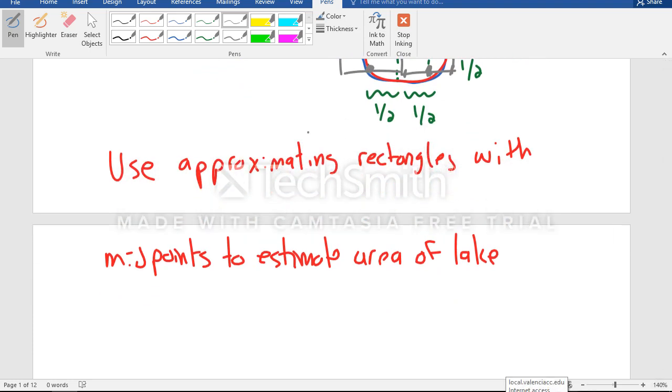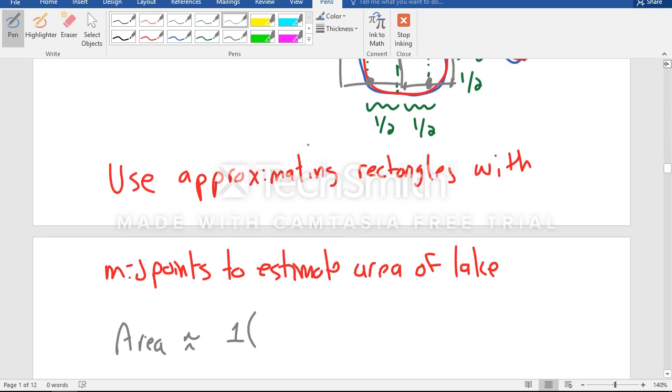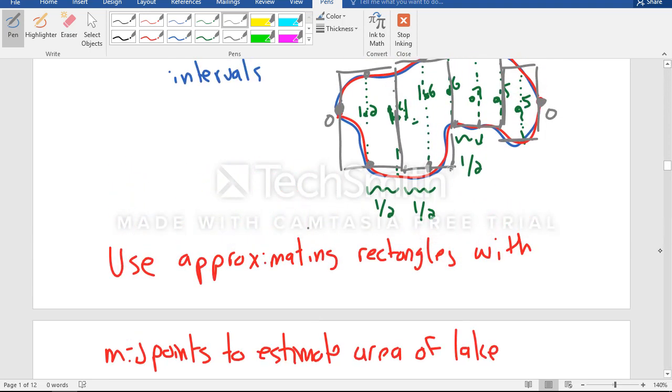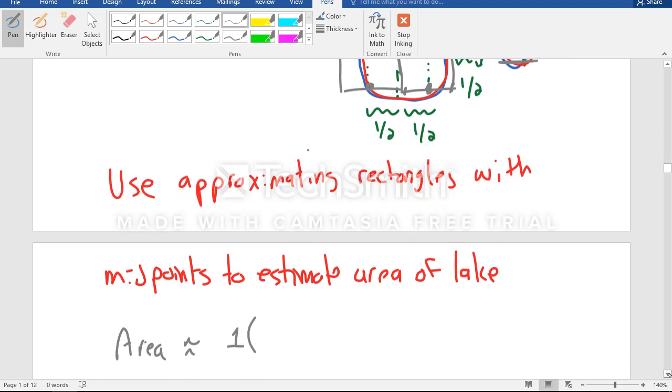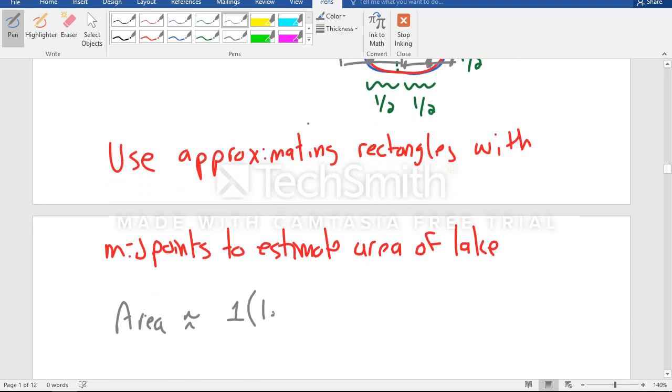So my area using midpoints is approximately, I have a delta x of 1, and then the first midpoint was 1.2 right here. Second midpoint was 1.6. So I got 1.2 and 1.6. So here's the area of my first rectangle, and then I have 1.6, and then I had 0.7, if I remember correctly, and then 0.5 as the last midpoint.